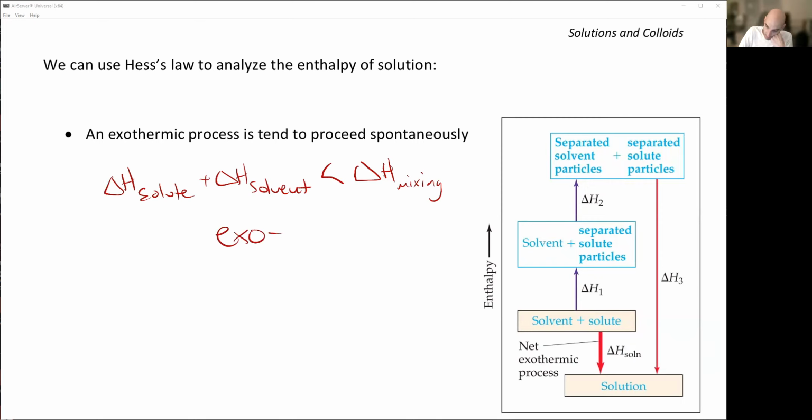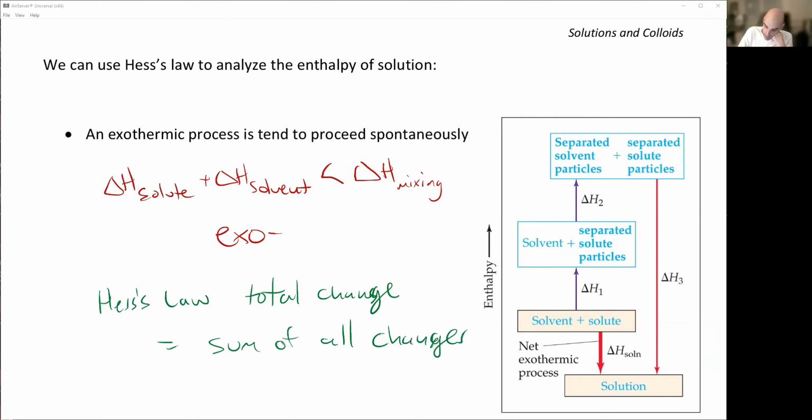So Hess's law, remember what Hess's law said. Hess's law states that the total change equals the sum of all changes.